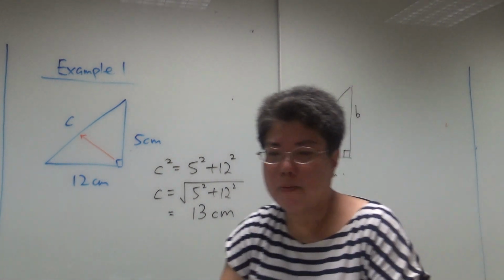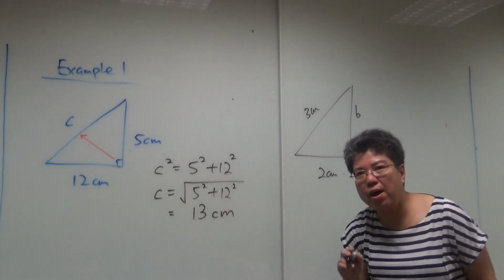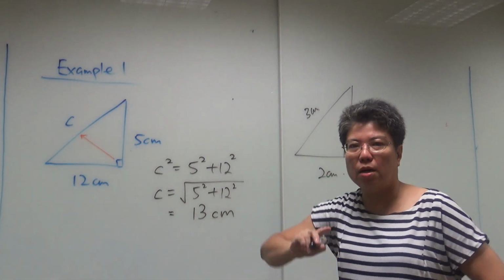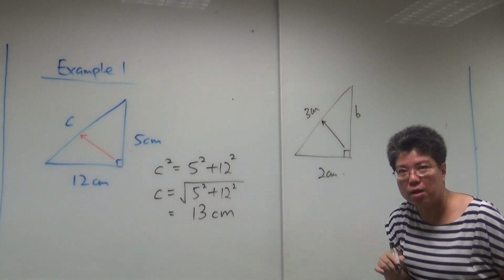I want all of you to look at the question first. Now, identify where the hypo is. Can you see that the hypo is here?